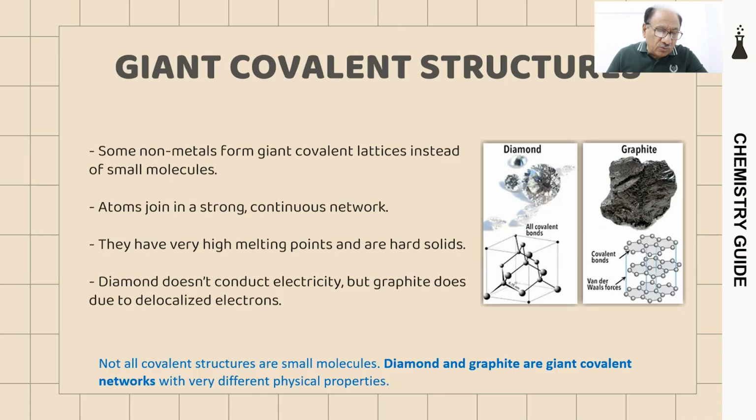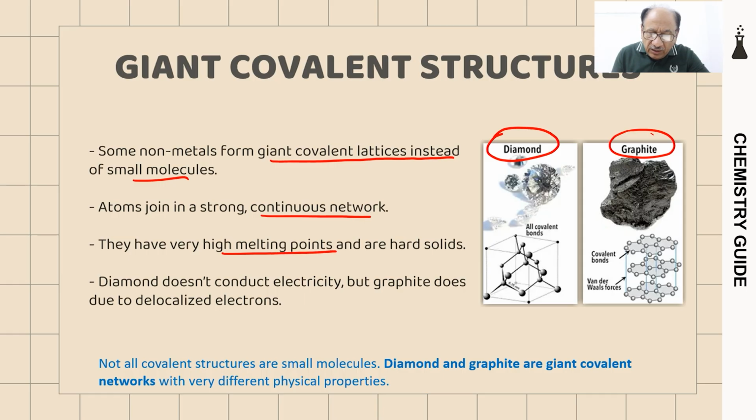Next we can go through giant covalent structures. Examples are diamond and graphite. Some non-metals form a giant covalent lattice instead of small molecules. Atoms join in a strong continuous network. They have very high melting points and are hard solids. Diamond does not conduct electricity, but graphite does due to delocalized electrons.